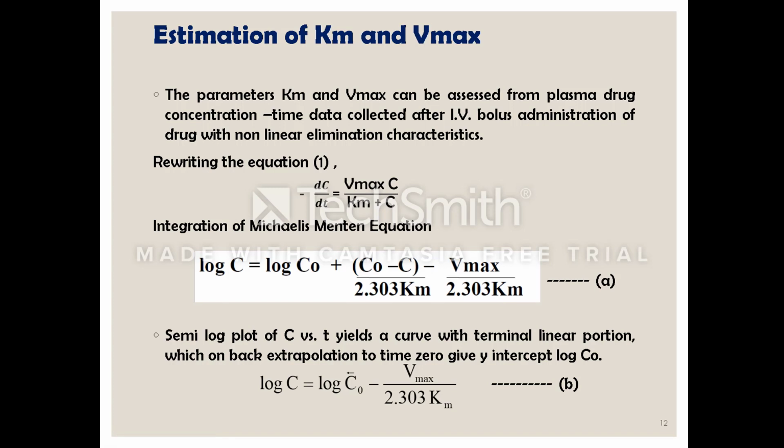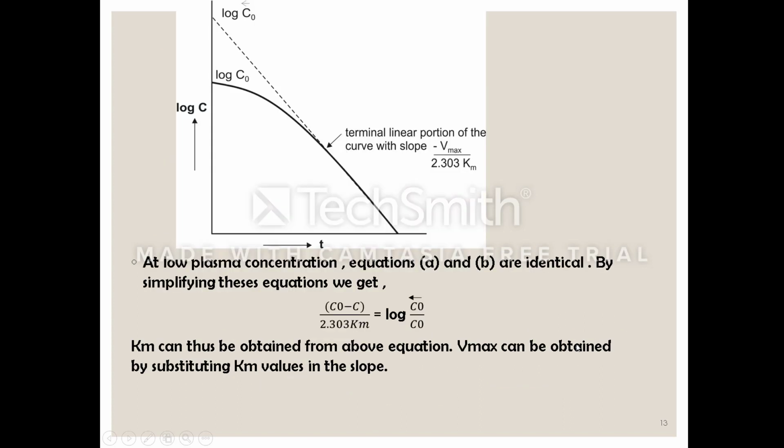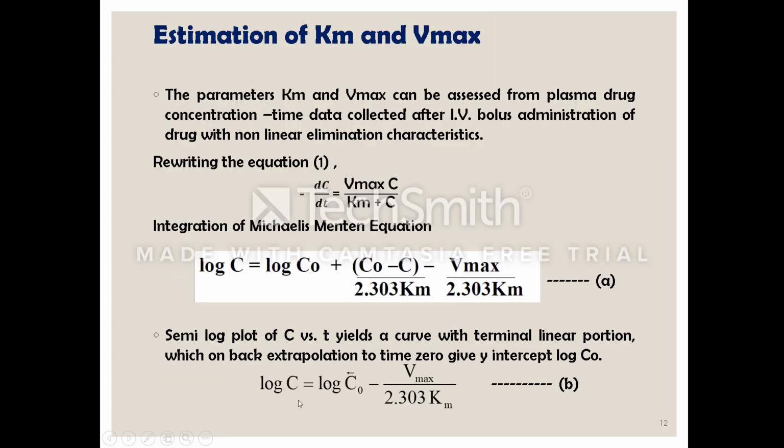When you plot a graph of log C versus t, you get a curve with a terminal linear portion. The y-intercept is log C0 and the slope is -Vmax / (2.303 Km). When I back extrapolate, I get the y-intercept log C0 back extrapolated, so the equation will be log C = log C0' - Vmax t / (2.303 Km).